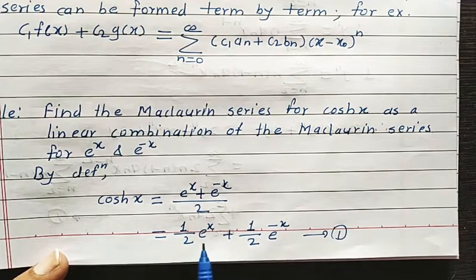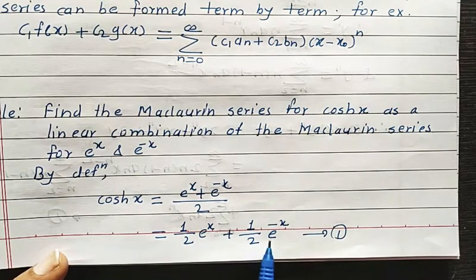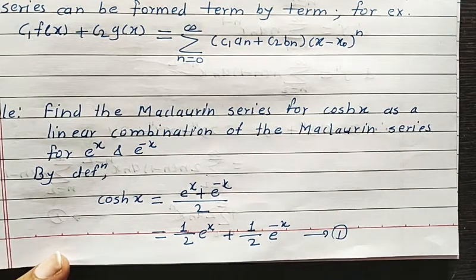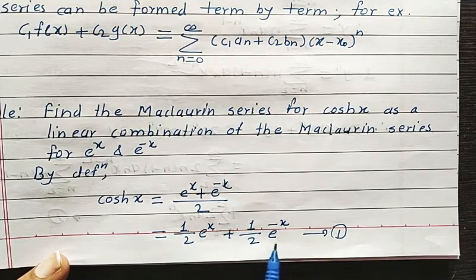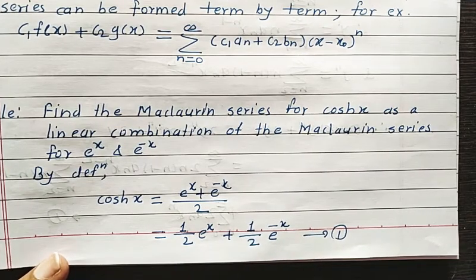Now we know the Maclaurin series expansions for e raised to x and e raised to minus x, so we will write those expansions and substitute them in equation 1.